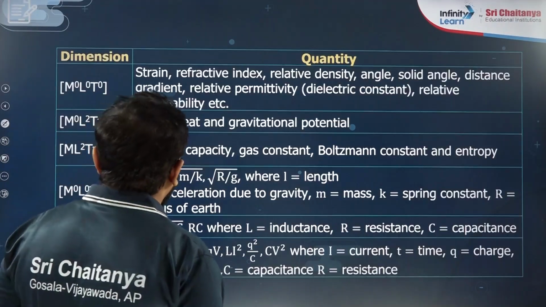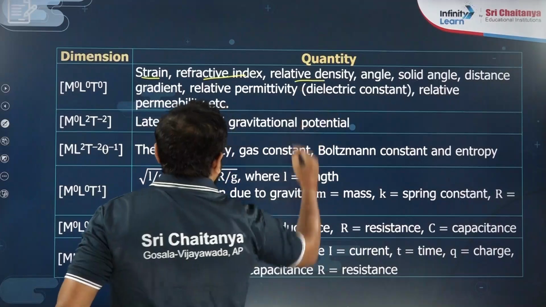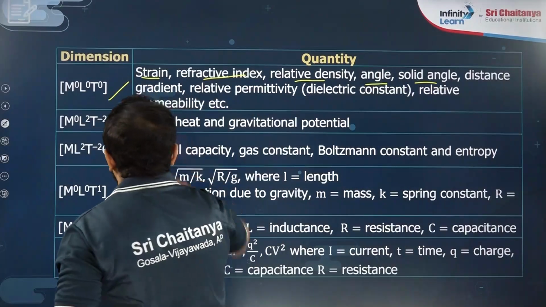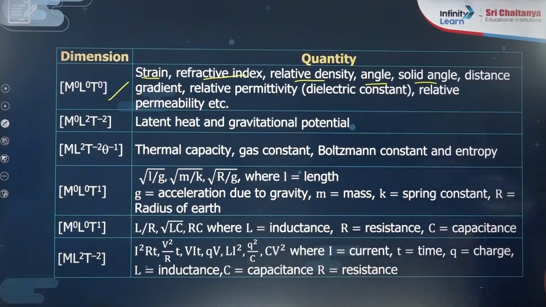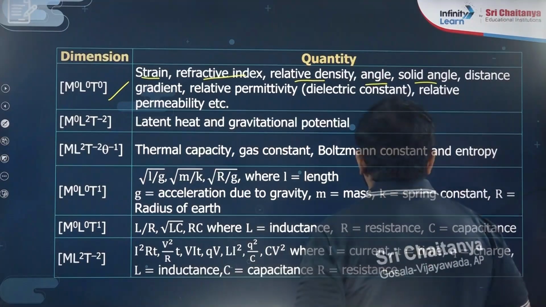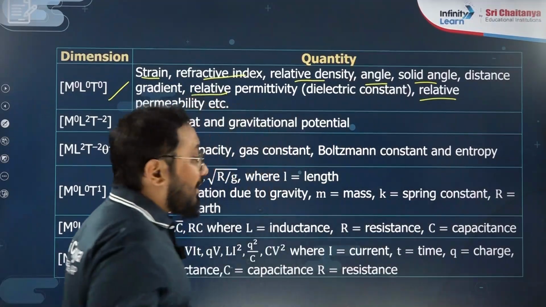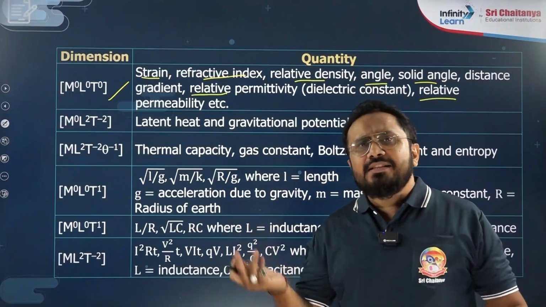Secondly, strain, refractive index, relative density, angle, solid angle, these are all dimensionless quantities. Don't get confused: relative permittivity, relative means the same thing divided by the same. Relative density means what?